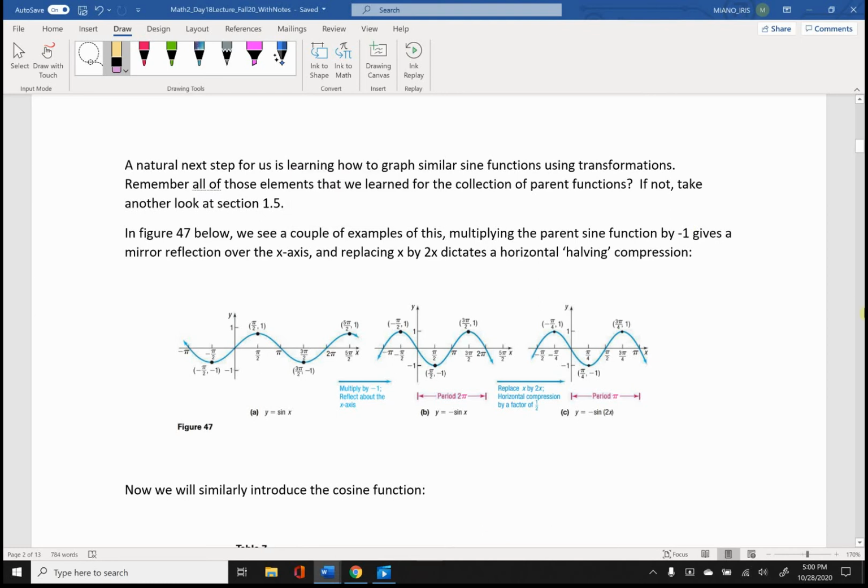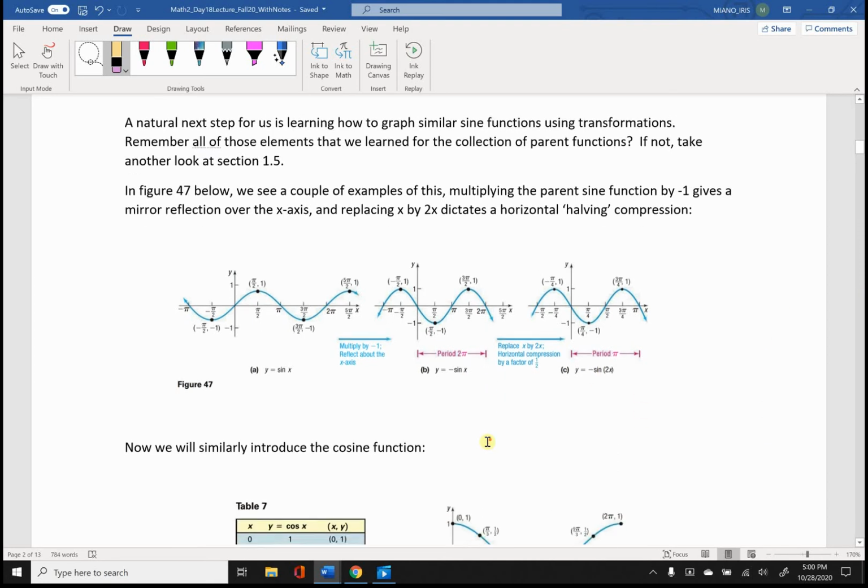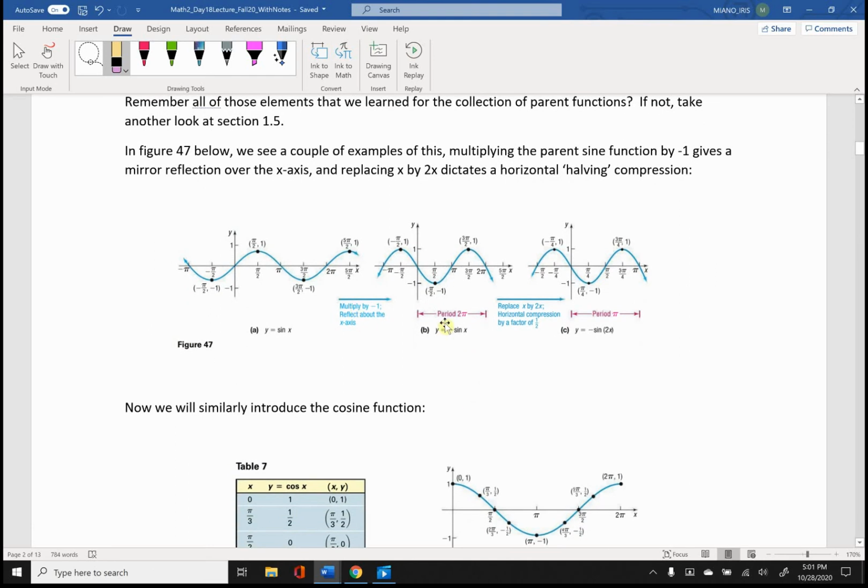Okay, so a natural next step for us will be talking about transformations, and they lend themselves to the way they've been initially defined for other parent functions back in section 1.5. So if that's something you want to review, it couldn't be a bad idea to do that. Here in figure 47, we see an example of a couple of transformations, one of which would be a scalar multiple of -1 in front of the sine function in particular, which flips over the sine function over the x-axis.